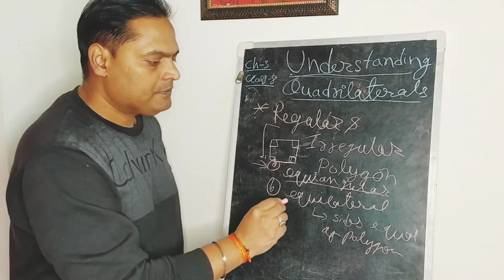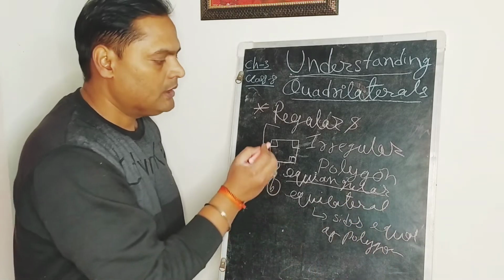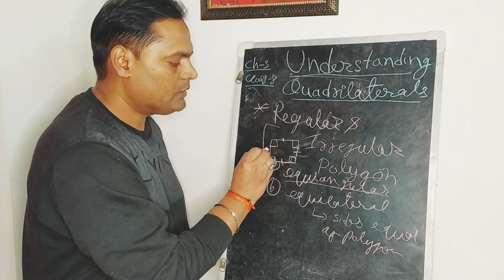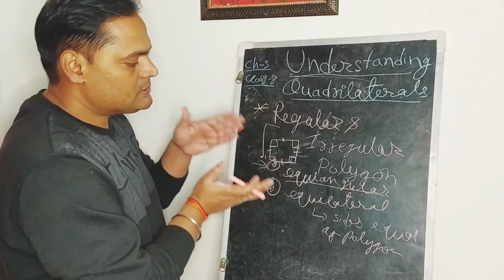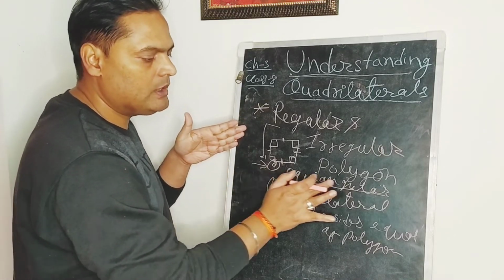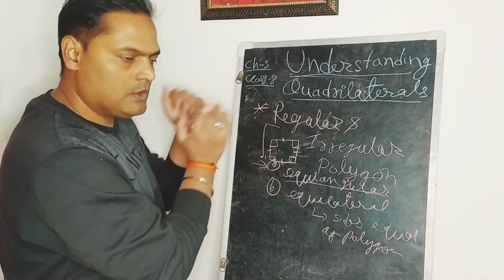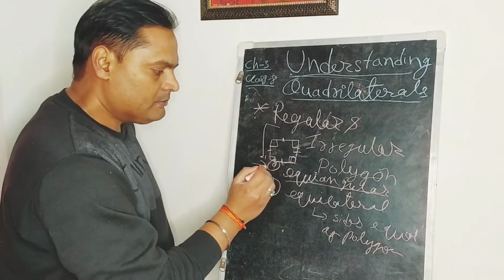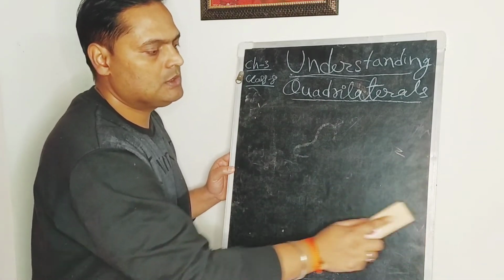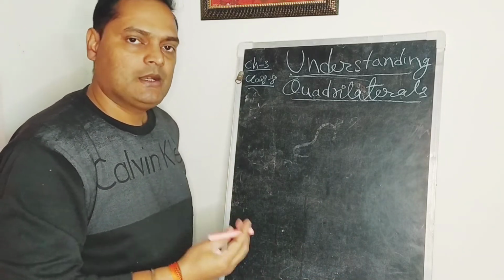And similarly, equilateral means all the sides of a polygon are equal, like this side is equal to this side and this side is equal to this side. So if it meets the two conditions, equiangular and equilateral, then it is regular. If anything is missing, if it does not meet these two or either one, it comes under irregular.